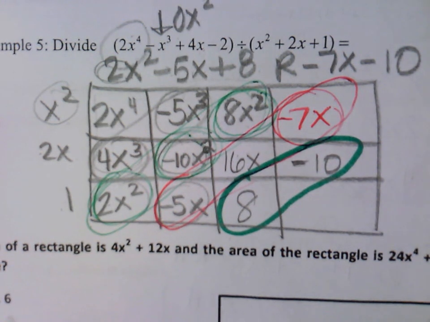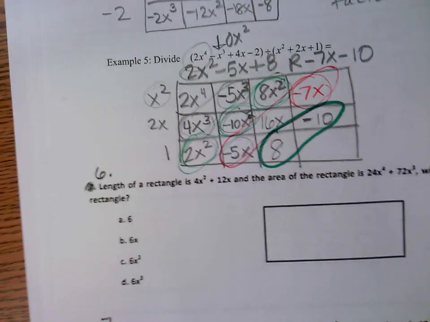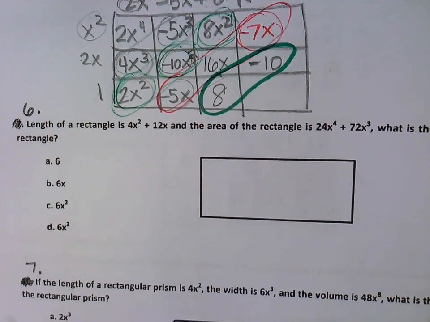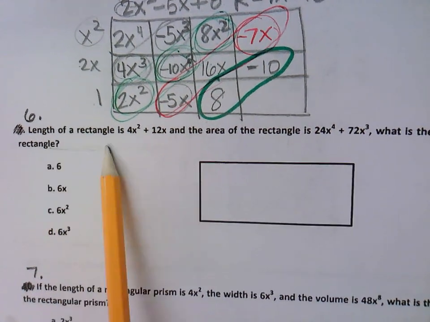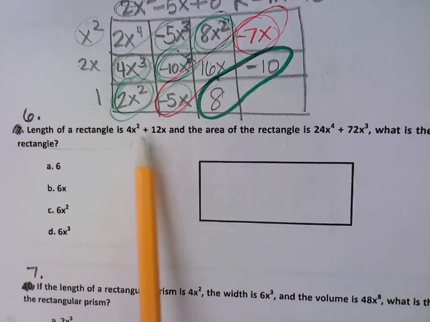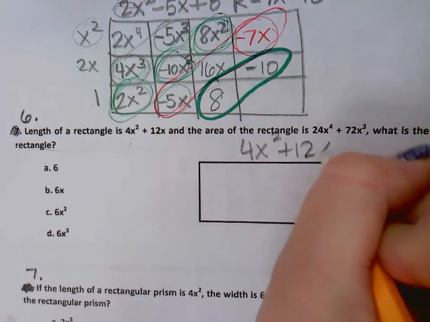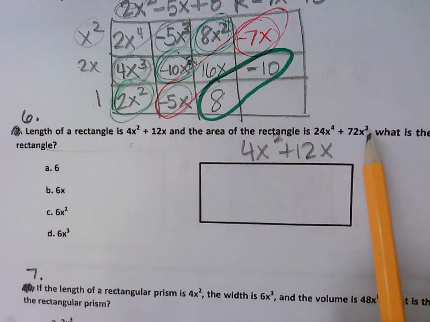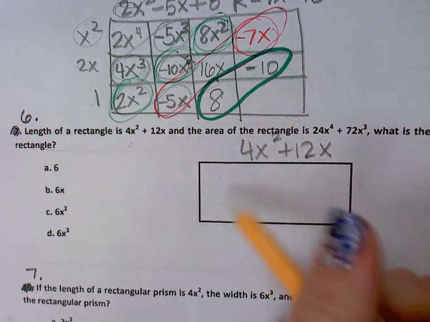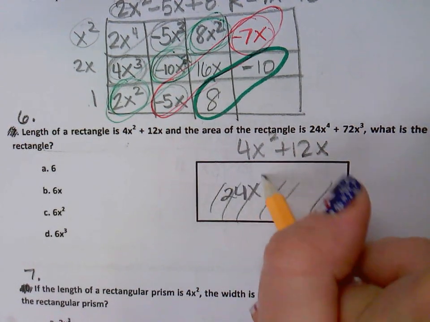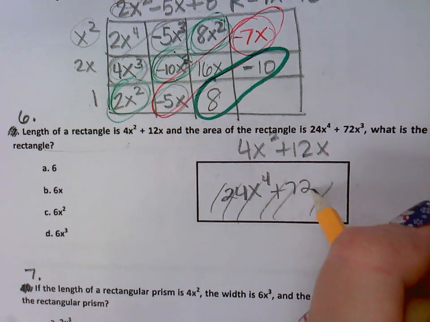All right, so this other problem, I like that this keeps throwing in some geometry to help you review your geometry skills from last year. So the length of your rectangle is 4x squared plus 12x, right? The area of the rectangle is 24x to the fourth plus 72x cubed.